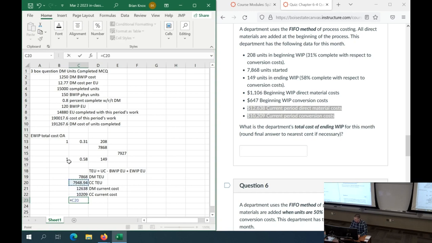Now we can take the numerator of current period cost, divide it by our TEU for both of these, and we get our rates. This is our DM rate and our CC rate: DM cost per equivalent unit and conversion cost per equivalent unit. That's just the dollar amount for current period costs of that category divided by the TEU for that category.